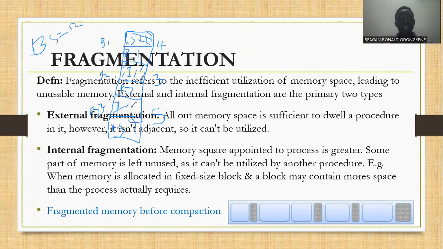So the total internal fragmentation in our block of size 12 will be the 3 in B1 plus the 1 in B2 plus the 1 in B3, totaling to internal fragmentation of 5.